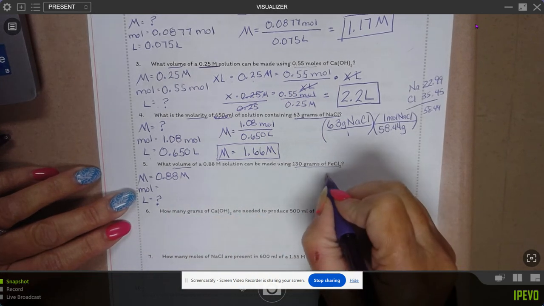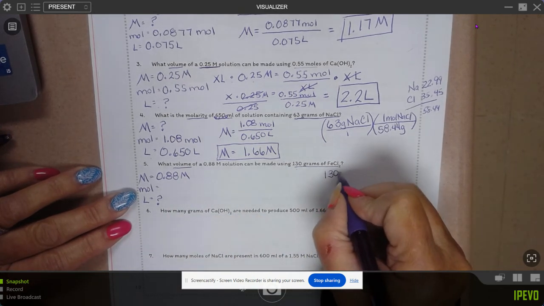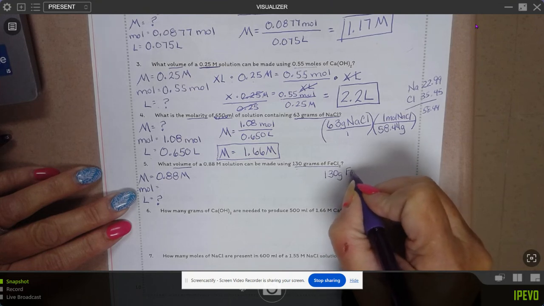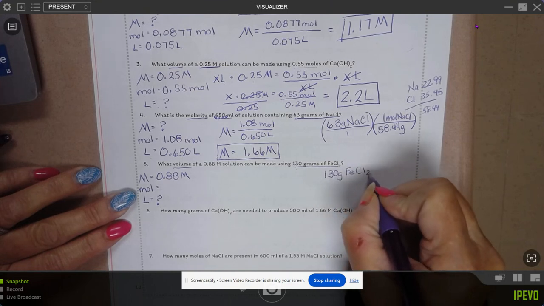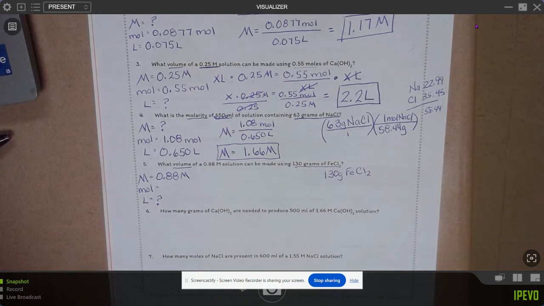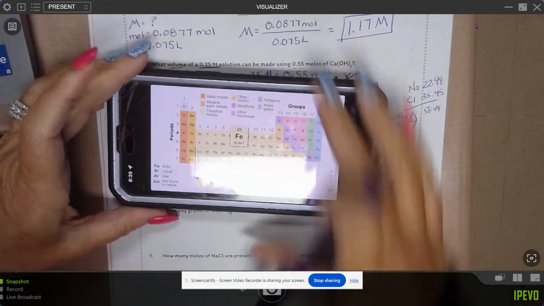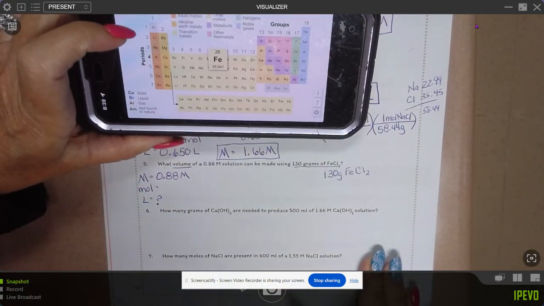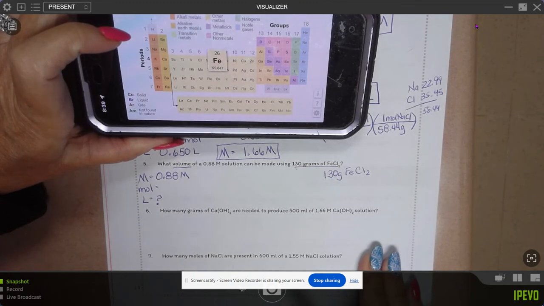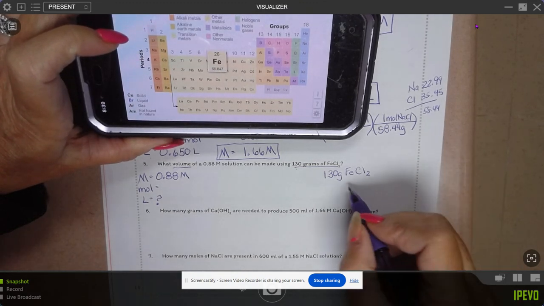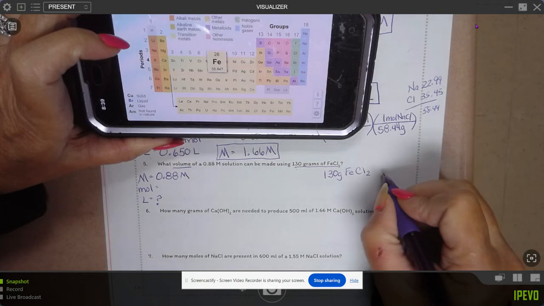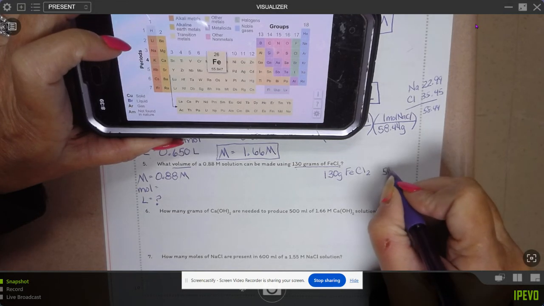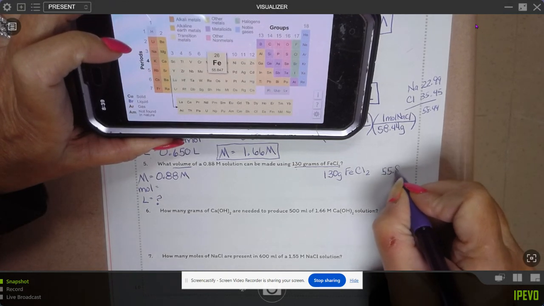So I'm going to do that. I've got 130 grams of FeCl2. So I need one iron. So iron, if I look at my handy dandy periodic table that I have on my phone, so I always have a periodic table with me, I can figure out that I've got one iron, so that's 55.85.